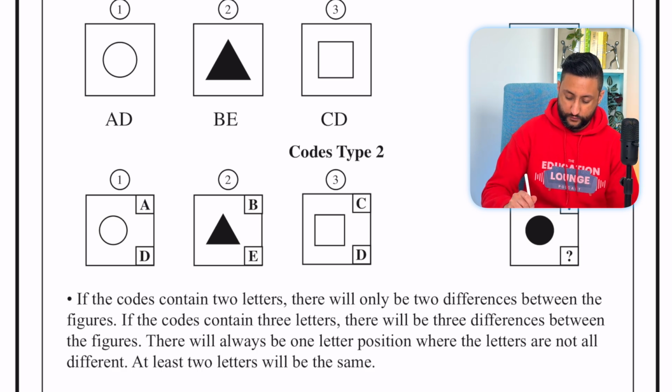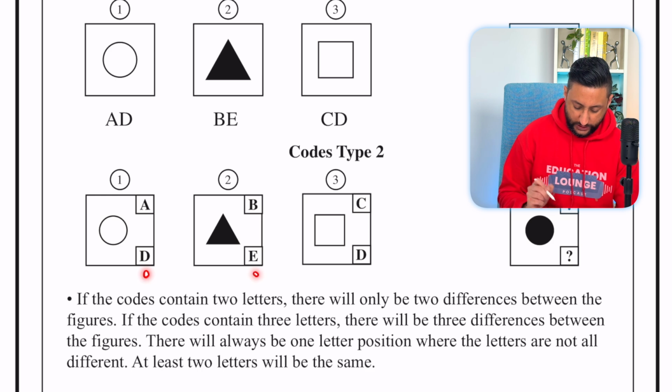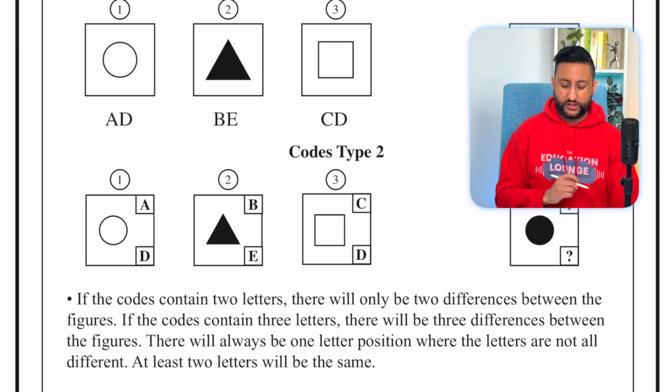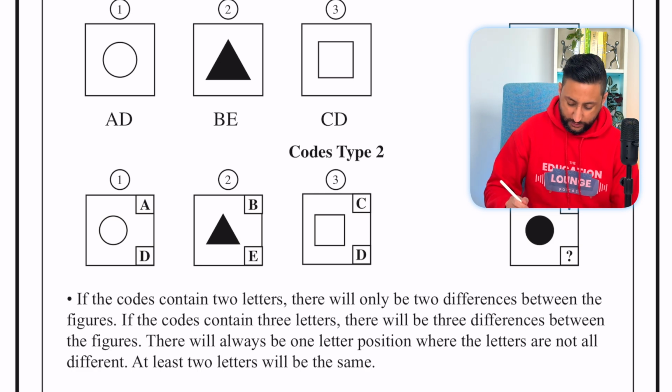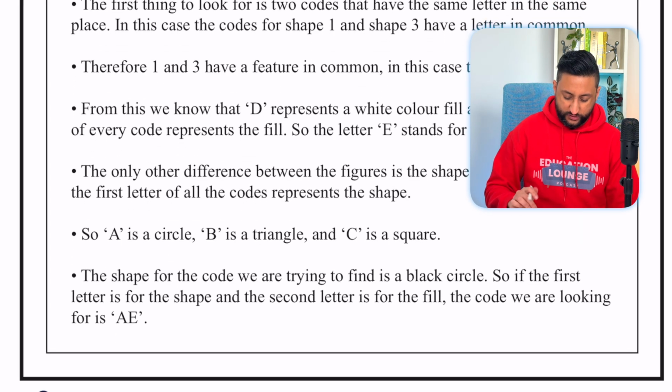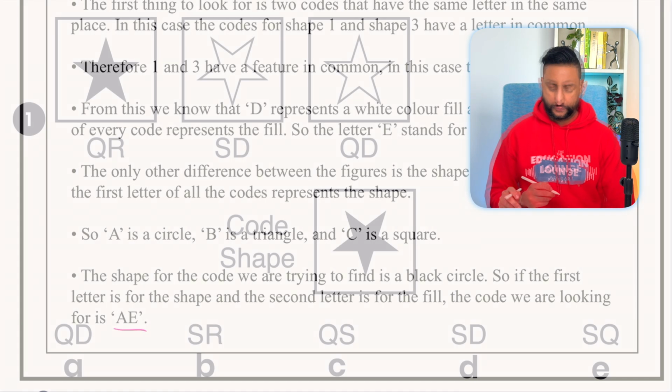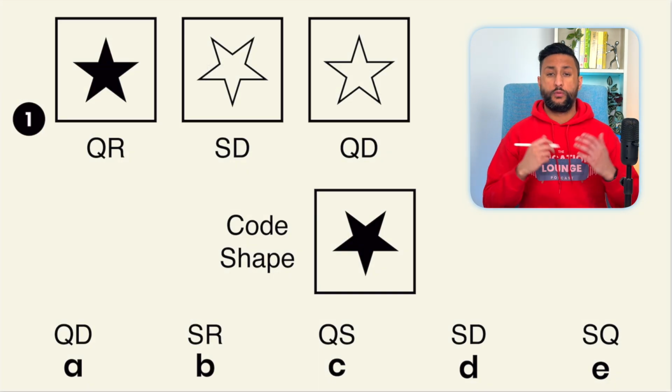Is the fill black or white? In other words, is it D or E? It's a black fill, so the second letter is going to be E, which means the first letter standing for circle is going to be A. So A is circle, B is triangle, C is square. The code is AE.